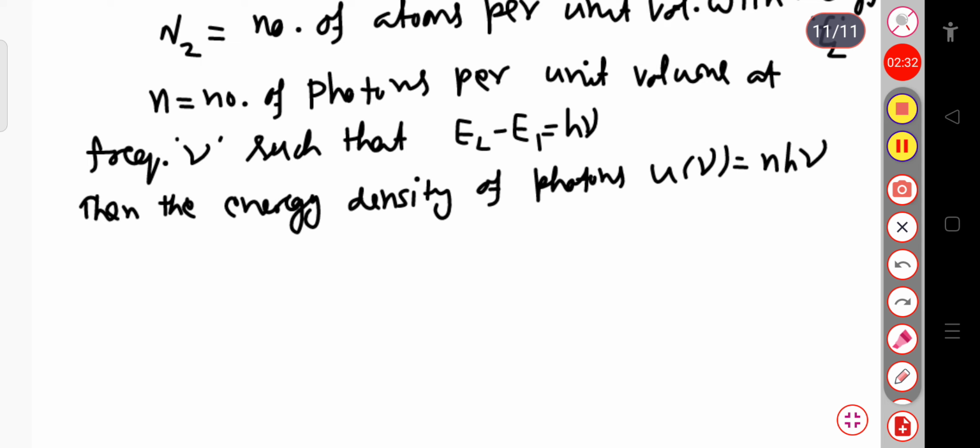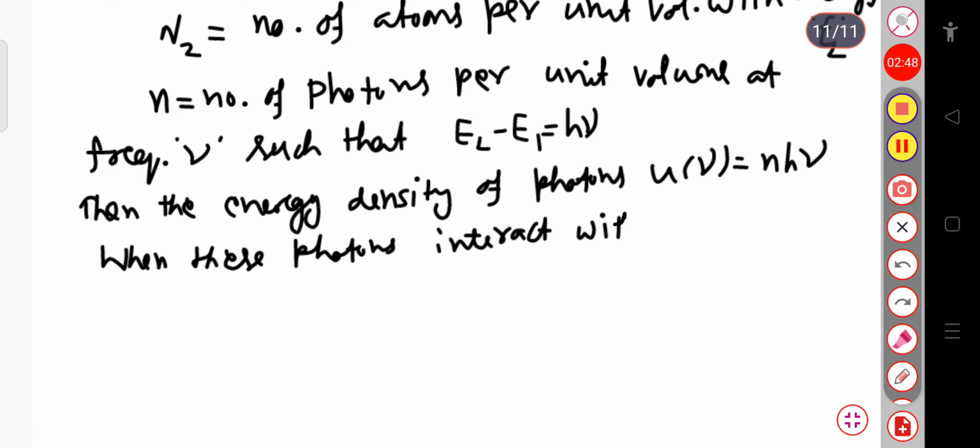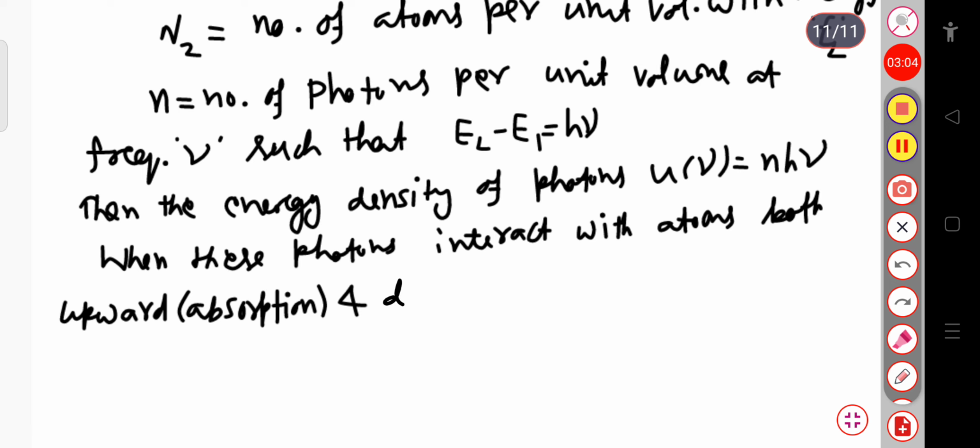So when these photons interact with atoms, both upward transition, which means absorption, and downward transition, which means emission, occur.